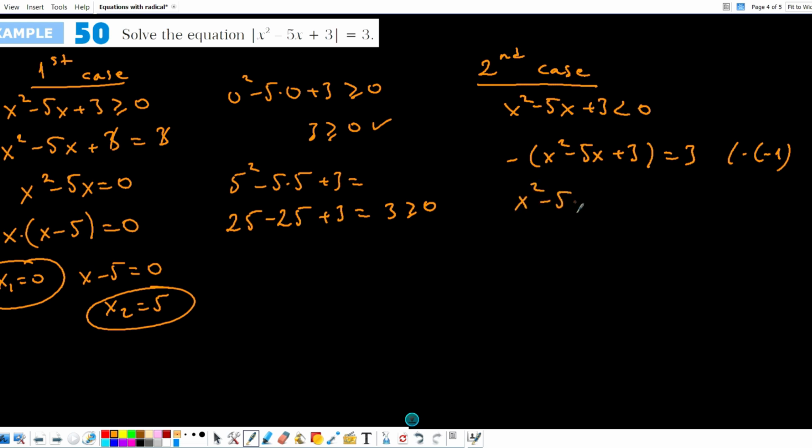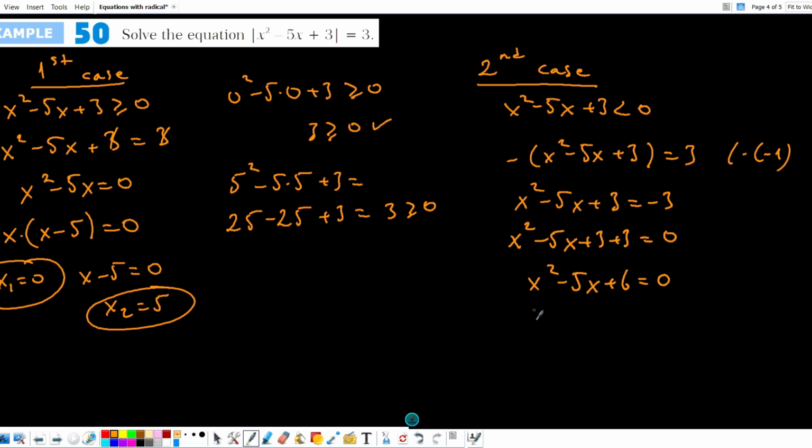So it will become x squared minus 5x plus 3 is equal to minus 3. Then, when I take minus 3 to the other side, I will have x squared minus 5x plus 3 plus 3 is equal to 0, which is x squared minus 5x plus 6 is equal to 0.